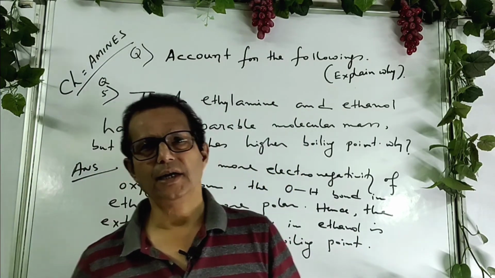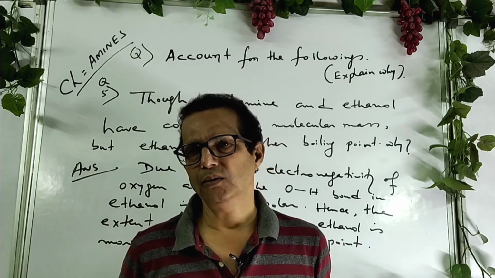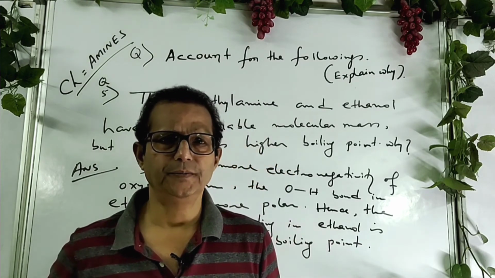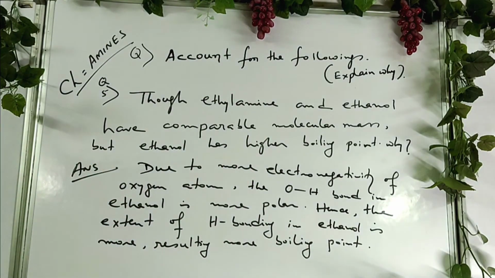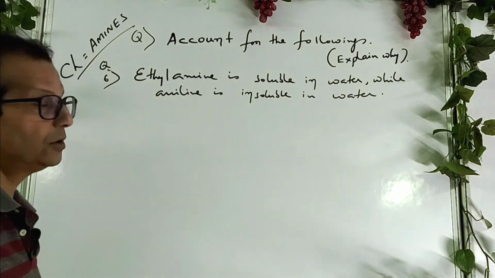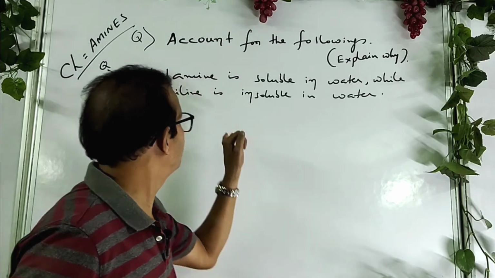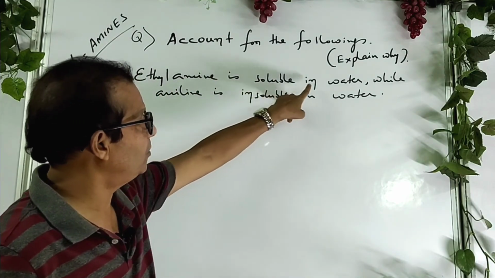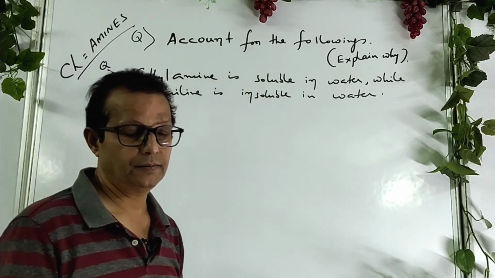Now the next, explain why. Okay. Now see the question. Ethyl amine is soluble in water while aniline is insoluble in water.